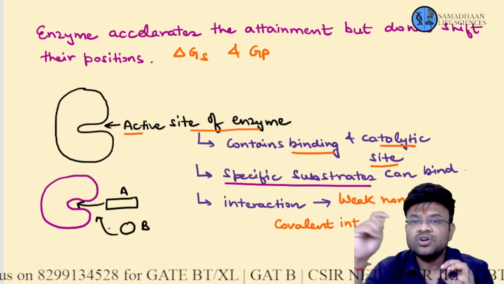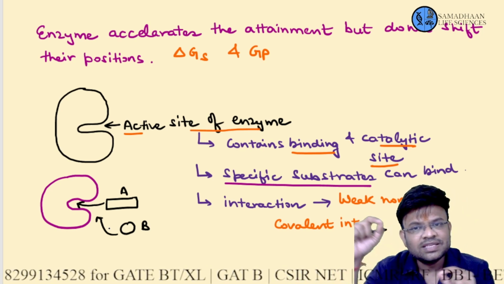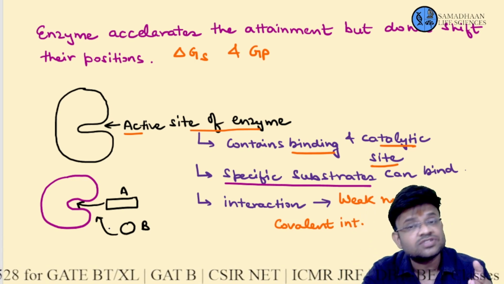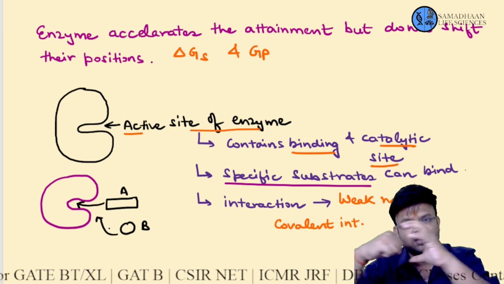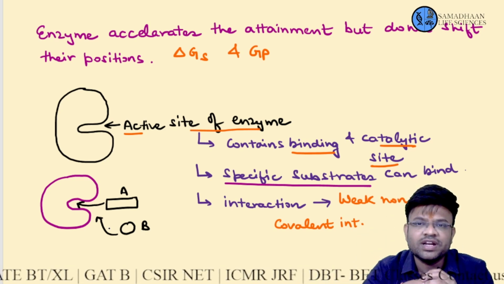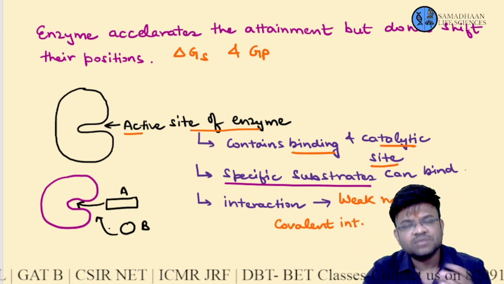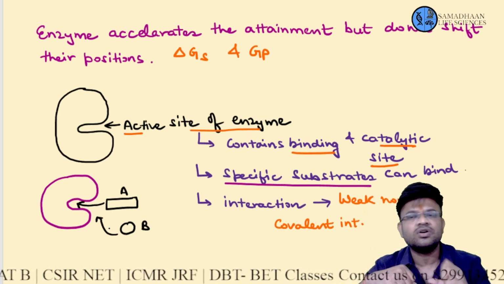bonds, now you would know that in order to break these covalent bonds, a lot of energy is required. As I've said that these are strong bonds, therefore in order to break the strong bonds, a lot of energy will be required, and it becomes almost impossible to break these strong bonds.